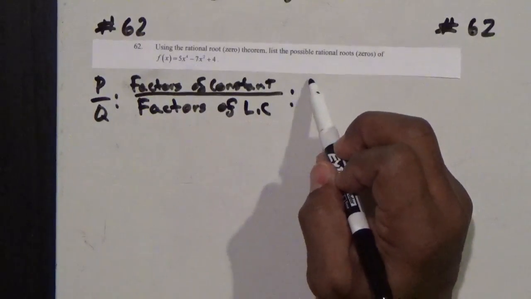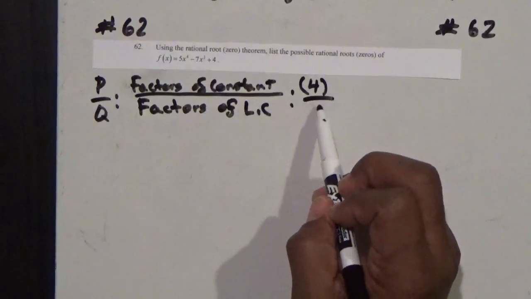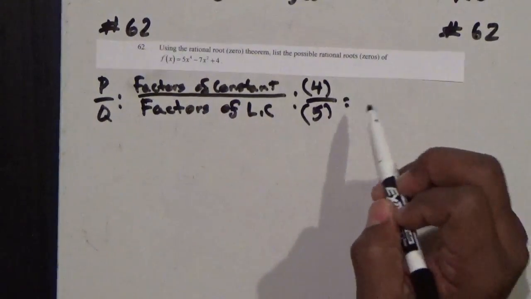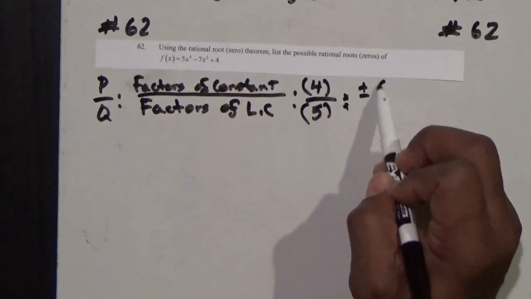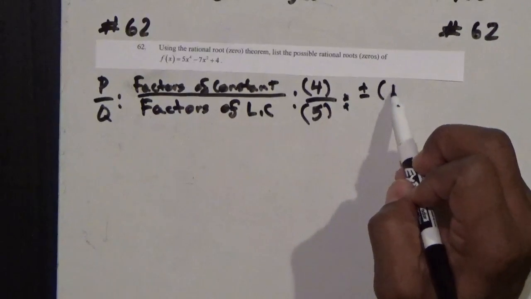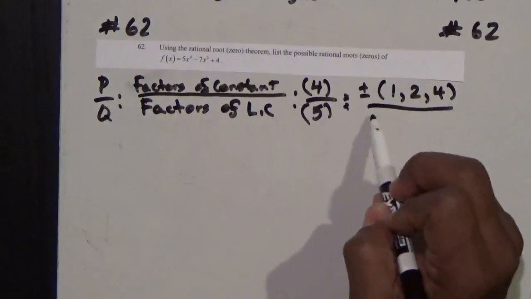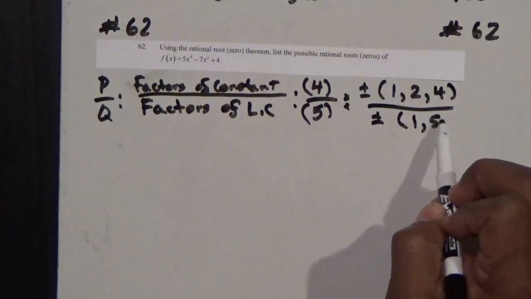Well, what is my constant? 4. What's my leading coefficient, guys? 5. And so the factors of my constant are 1, 2, 4. Factors of my leading coefficient are 1 and 5.